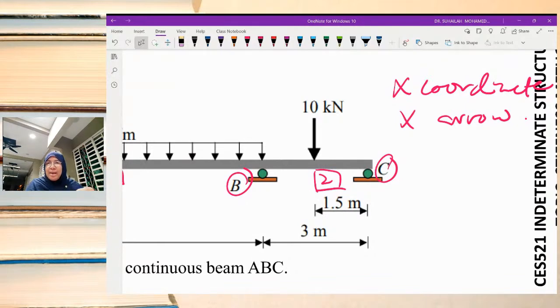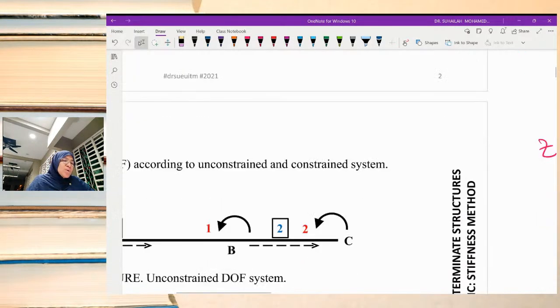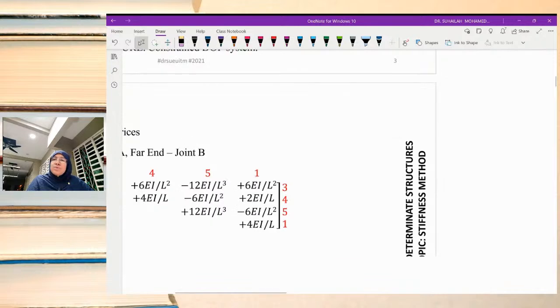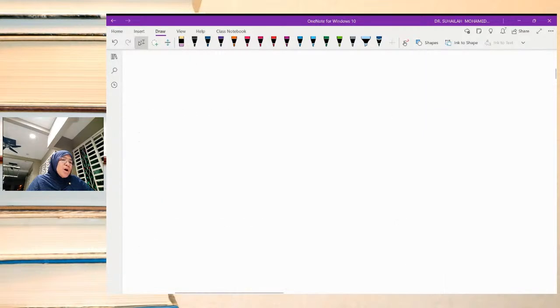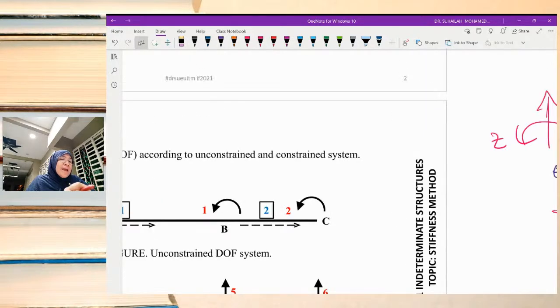Looking at the diagram, there is no moment at B and no moment at C. Means that Q1 and Q2 is equal to, what is the value of Q1 and Q2?